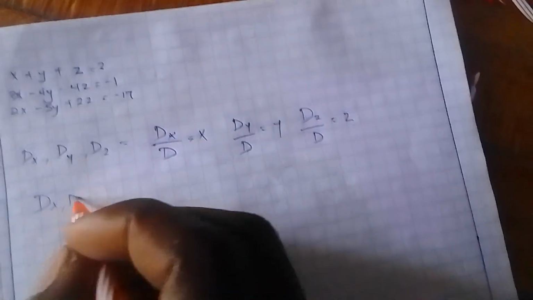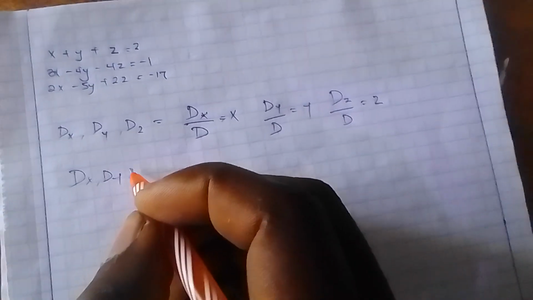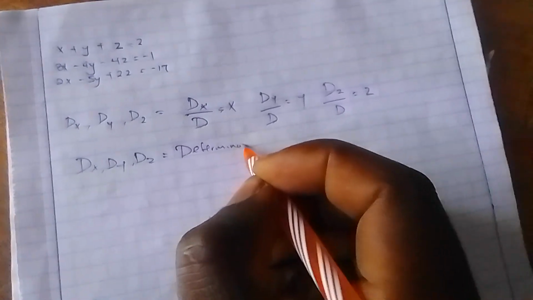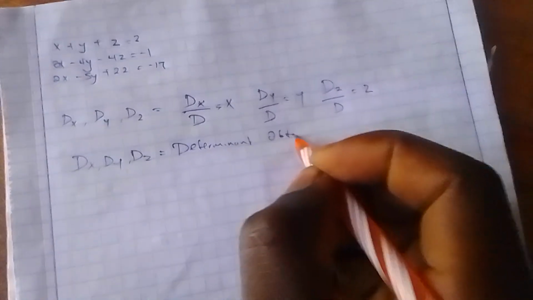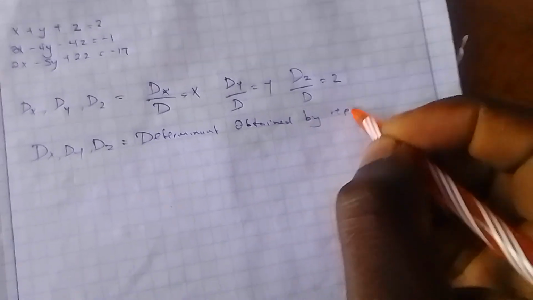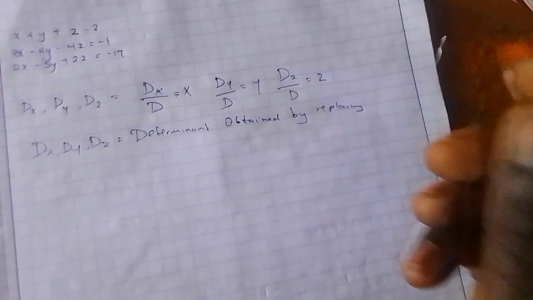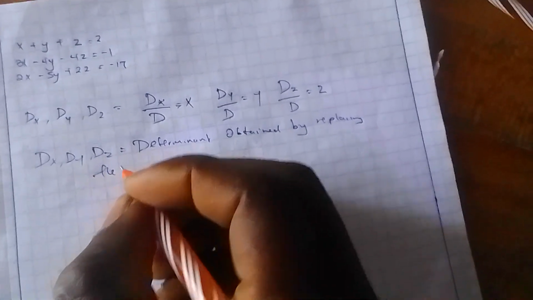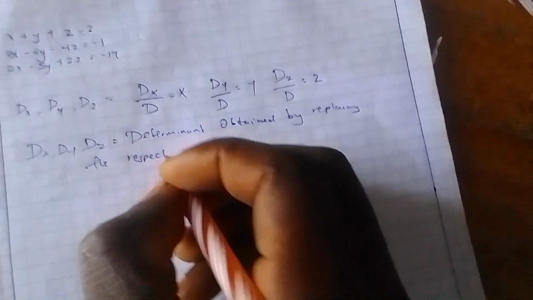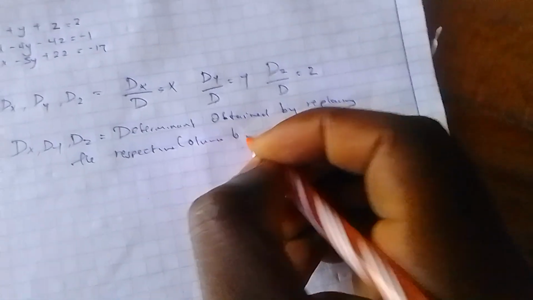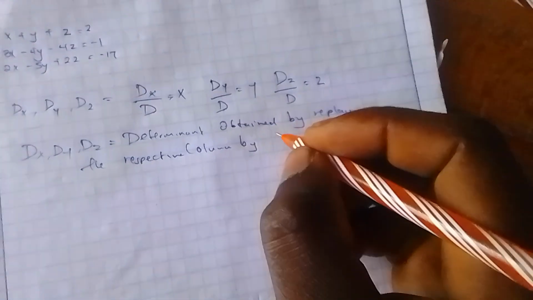Dx, Dy, and Dz are the determinants obtained by replacing the respective column by the output column.